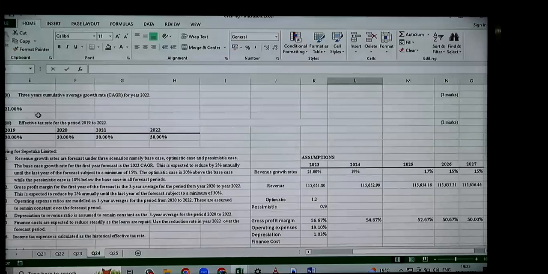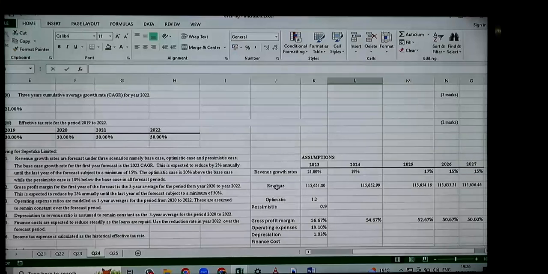And we've been told this one is expected to reduce by 2% annually until the last year of the forecast, subject to a minimum of 15%. So it will be reducing to 19, to 17, you see it's minus 2 to 15, but it's subject to a minimum of 15. So it can't reduce below 15. So it will remain at 15.